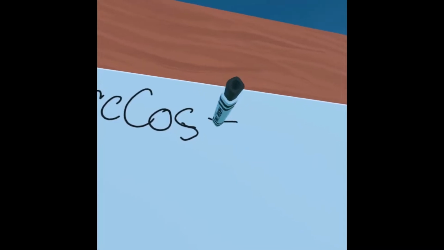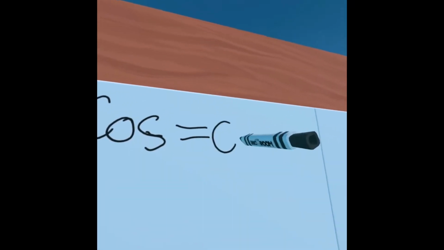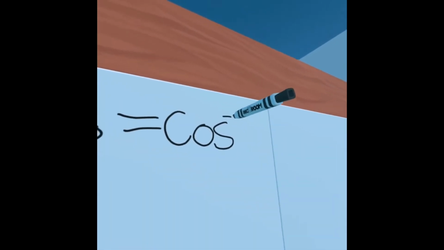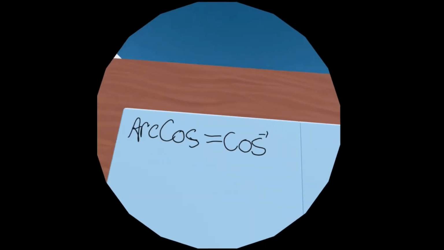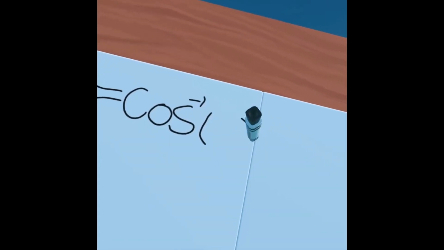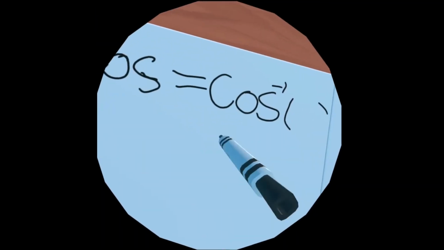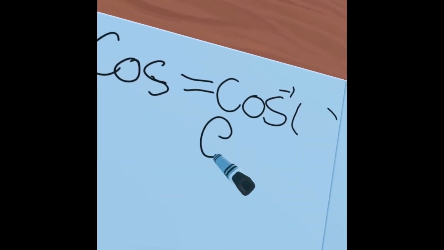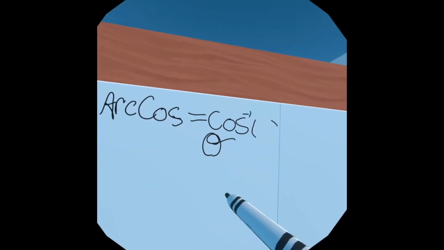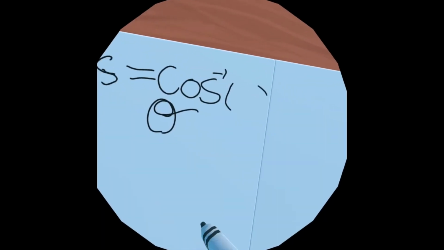Cosine. So that is the same as cosine negative 1, like that. And generally it's with a variable known as theta.